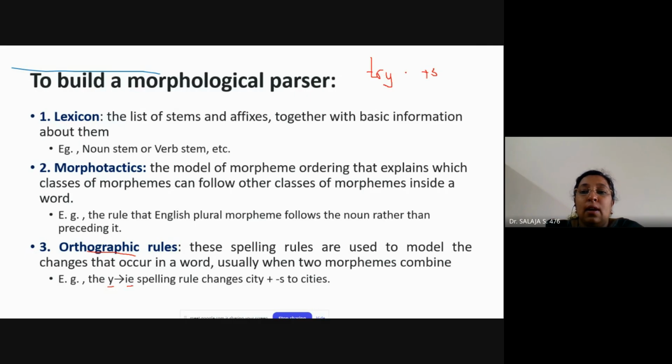So try, we call it a verb, so I have another form plus v, and then you have to represent plural, which we'll take as PL. Now, when this is given, I'll have a rule saying when y is combined with the plural, y has to get converted to IE. So y gets converted to IE and then you have s to be added.